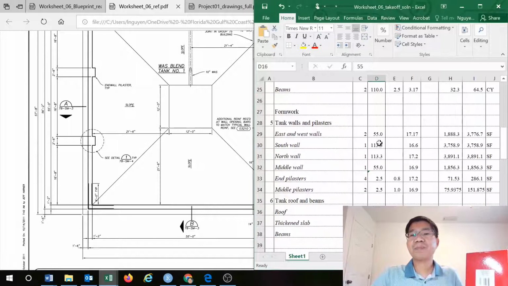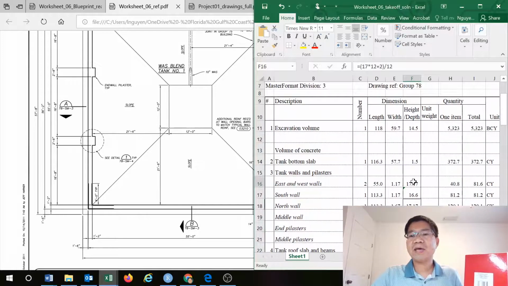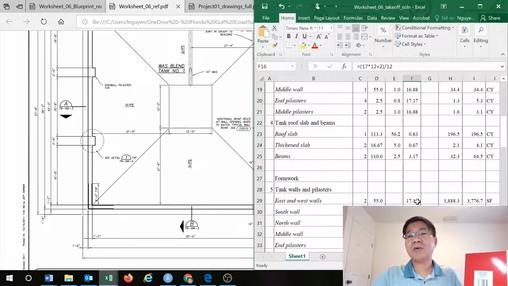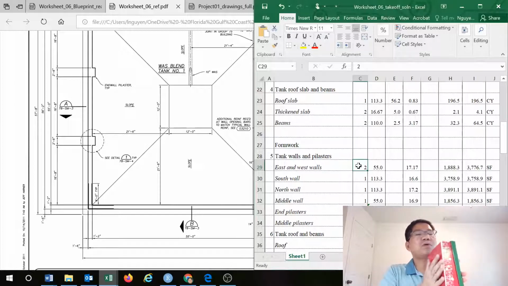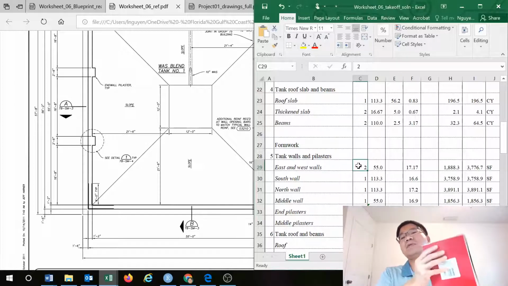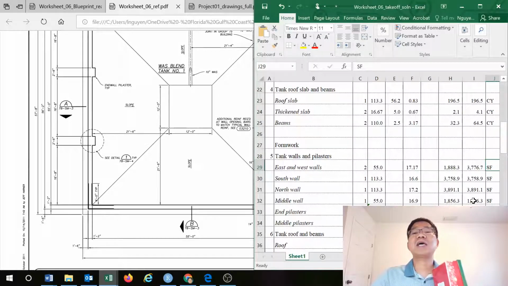It's the same dimension, and the height we already have in there, so it's also the same. That's why I put equal to there, and then you have both sides. To put the concrete, I have formwork on both sides, so now times 2. So you have for one side, two sides, and it's square foot contact areas.